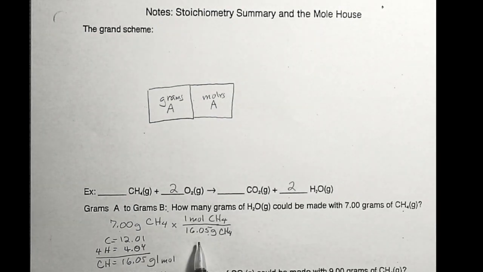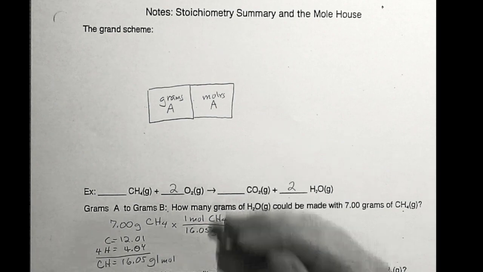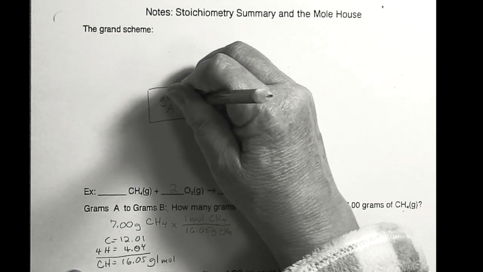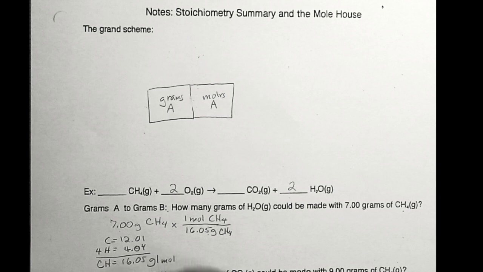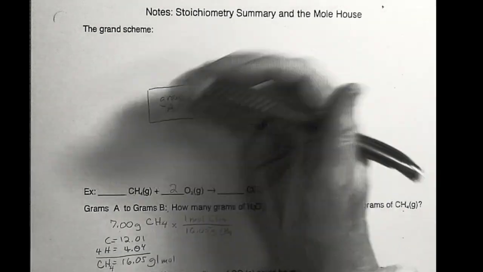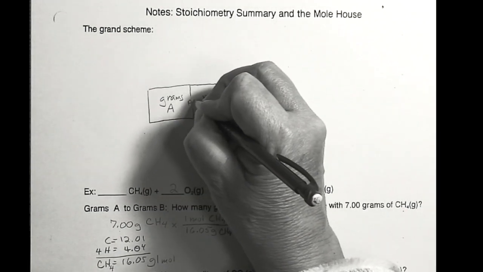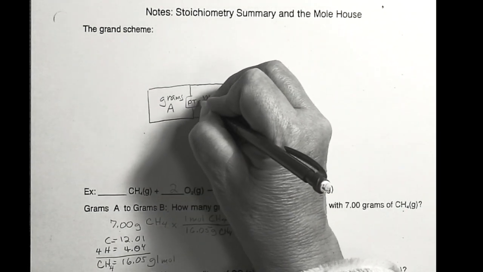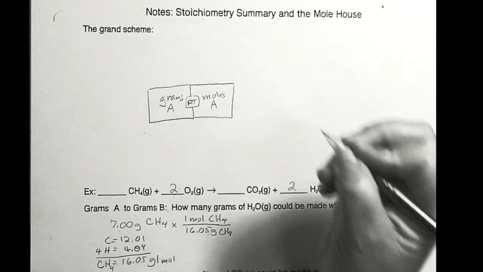Now to get from that, we use the balanced equation. It's kind of like, we used the periodic table, and we said that CH4 was 16.05 grams per mole because of the numbers on the periodic table. So I'm going to say the door that we walked through was PT for periodic table.